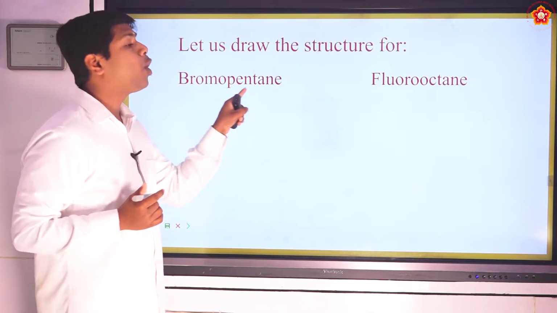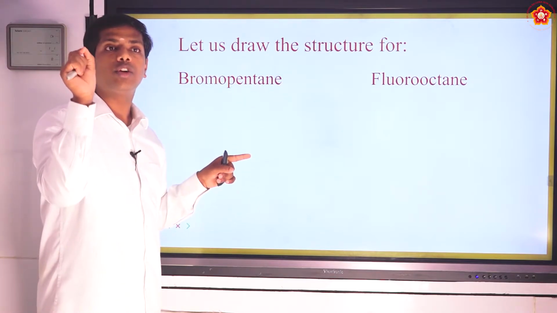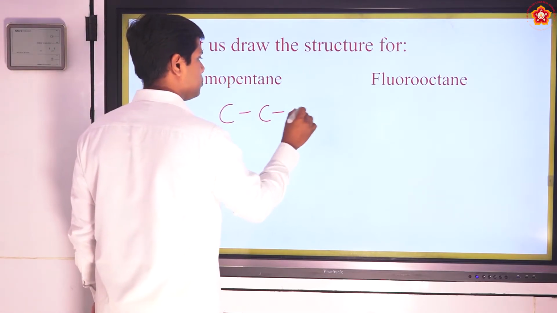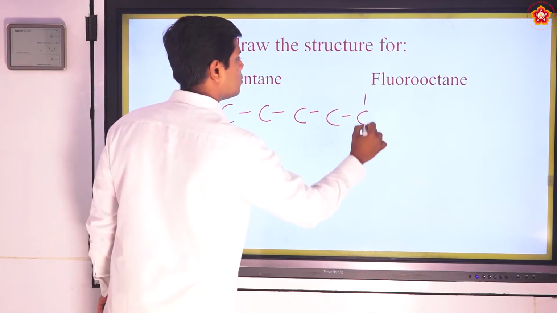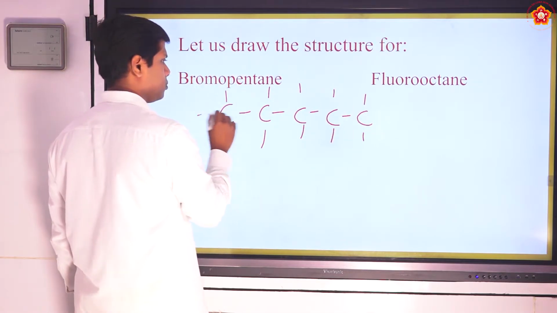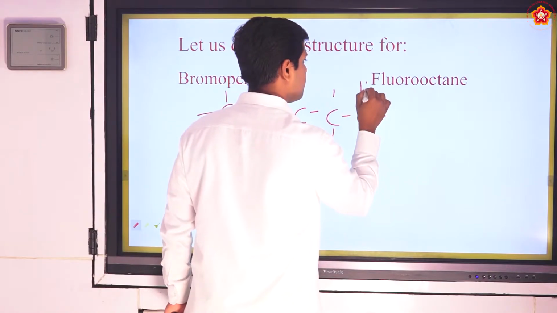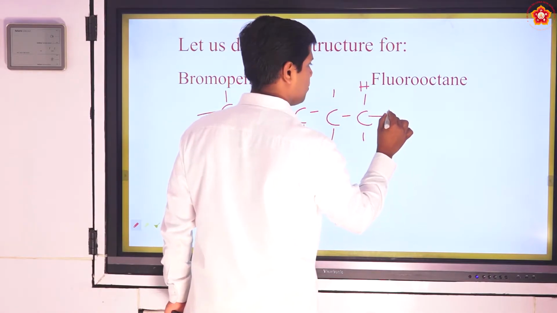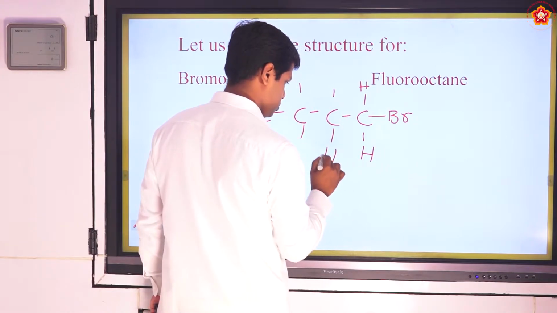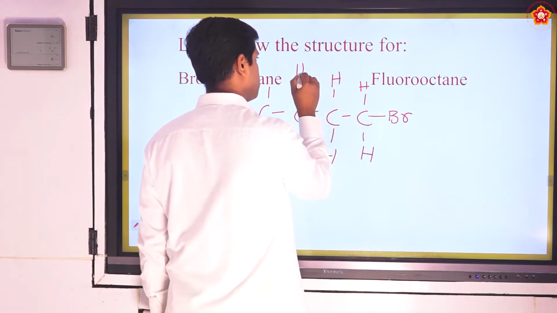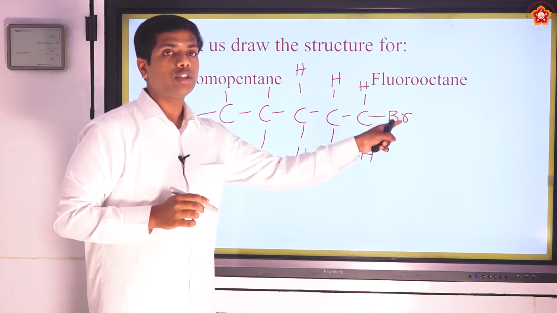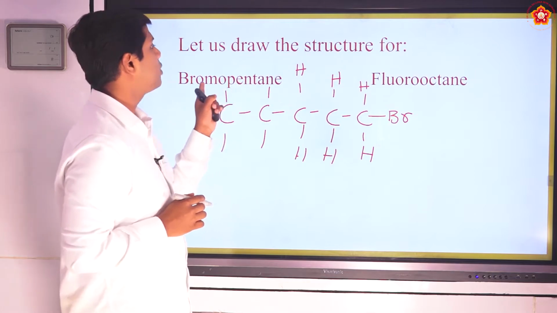Let us write bromopentane, where one of the hydrogen atoms on the first carbon is replaced by bromo.